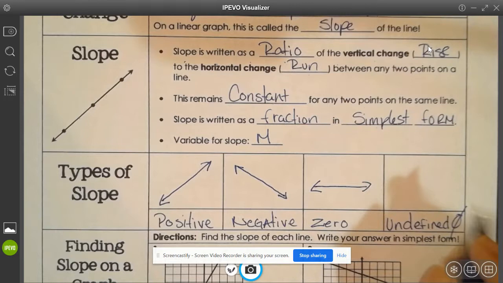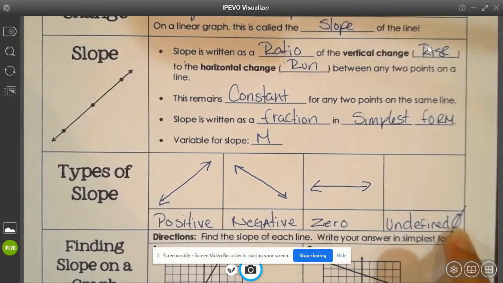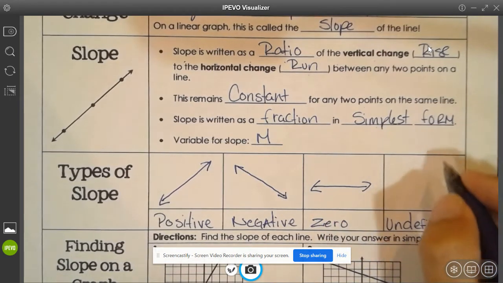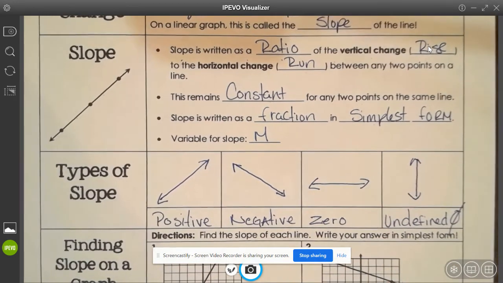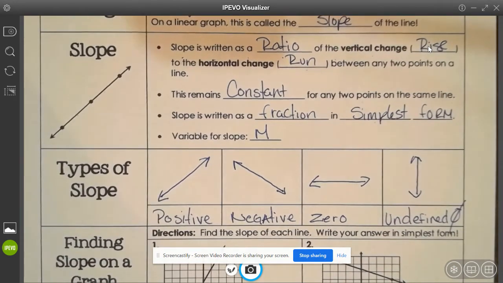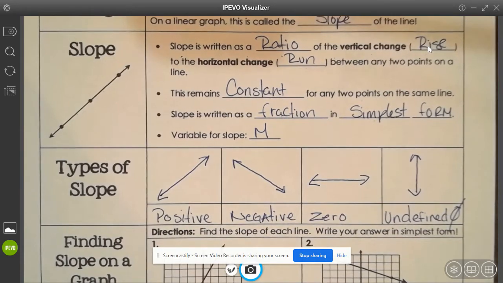And something that's undefined, we use this little symbol to know that it's undefined. It's like a zero with a line crossing it. That is the symbol for undefined. That does not mean that it's zero. That means that it's undefined, and it's a very vertical line. These are the types of slopes: positive, negative, zero, and undefined.